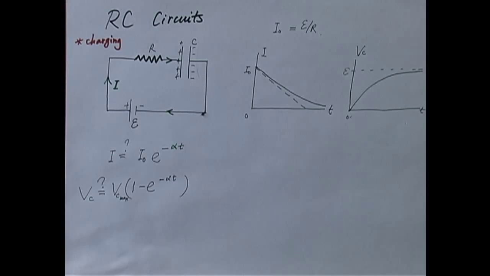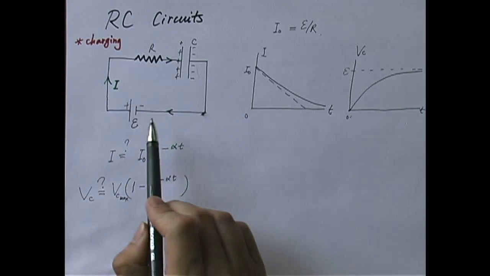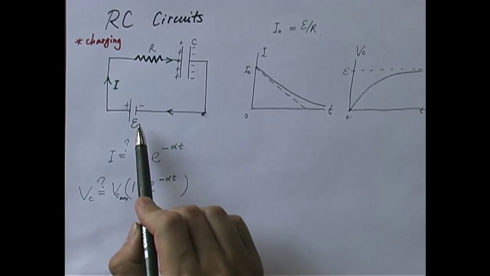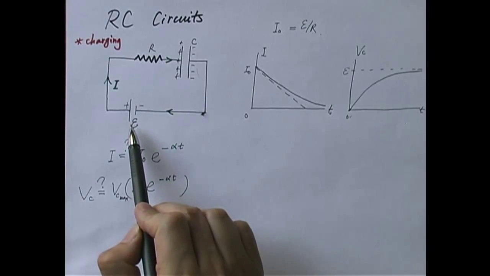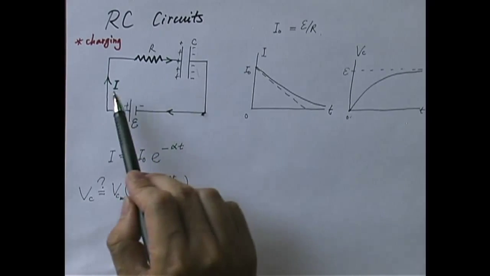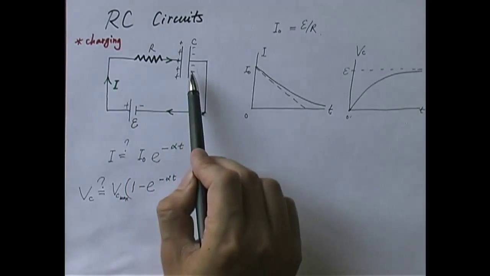How come it's not a function of epsilon? Imagine everything else is the same but you double epsilon. When you double epsilon, what happens to the current when r and c are the same? We get twice the power driving the current, so the current will be doubled.